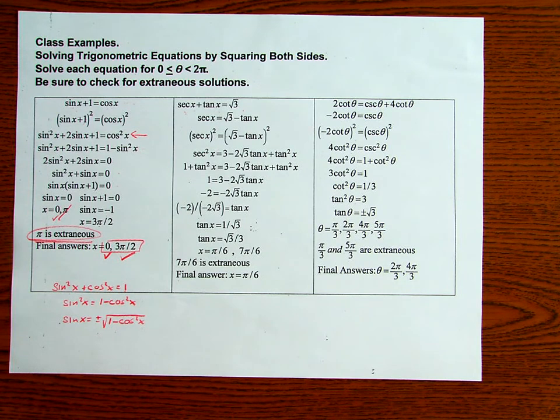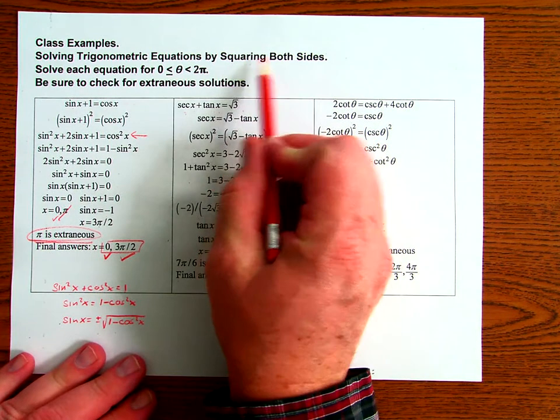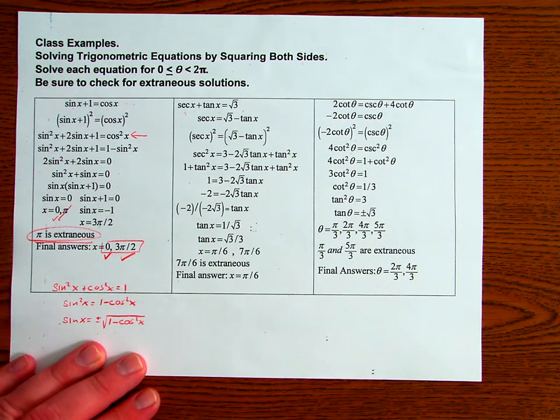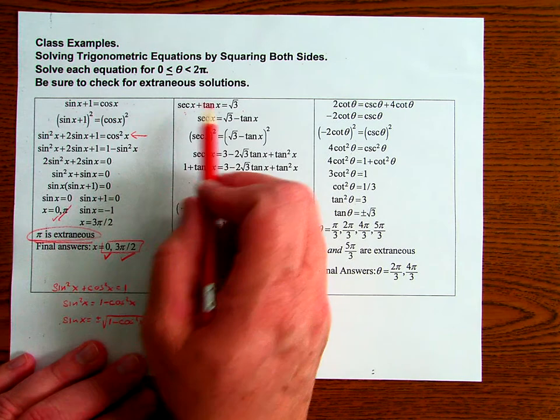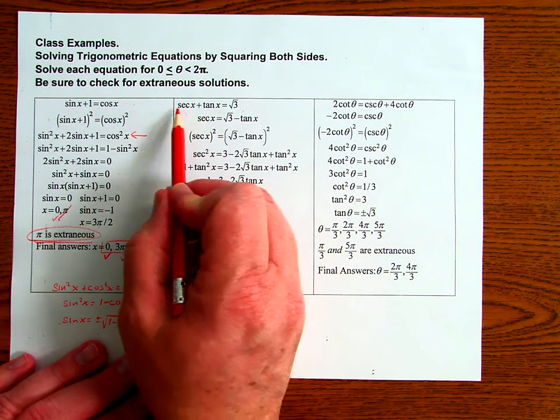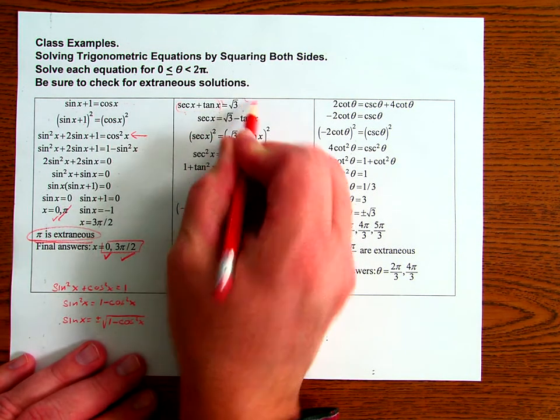Okay, so we were told to square both sides from the beginning, but if they didn't give us that, that's how we would make that decision if that's the best way to solve this. All right, now that we're squaring, it's best to square when you have a trig function on each side of the equation. It tends to get exceptionally messy if you were to square both sides as is like that.